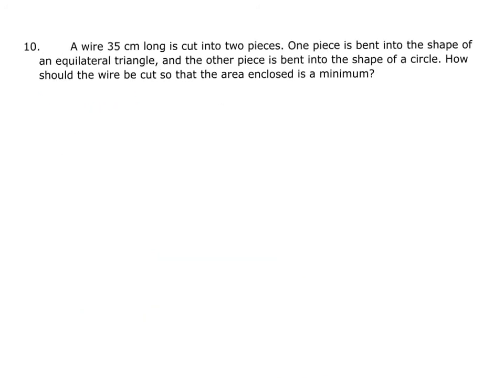All right, last one. A wire 35 centimeters long is cut into 2 pieces. So this is the exact same. I just made this up because I wanted you guys to practice. So this whole thing is 35. This is x, and then we have 35 minus x, right? So remember, those are the perimeter. So we have an equilateral triangle, pick a letter, A, whatever you want to call it.